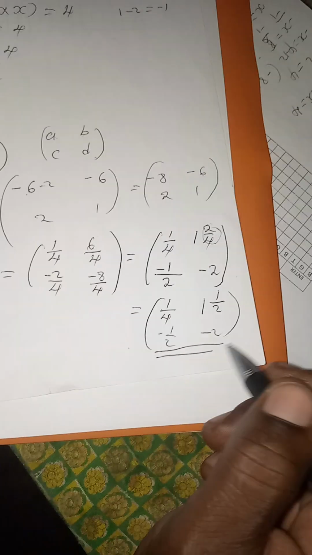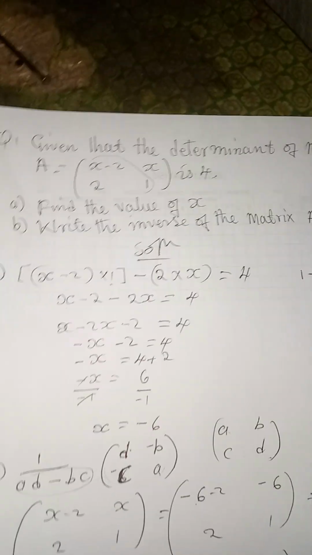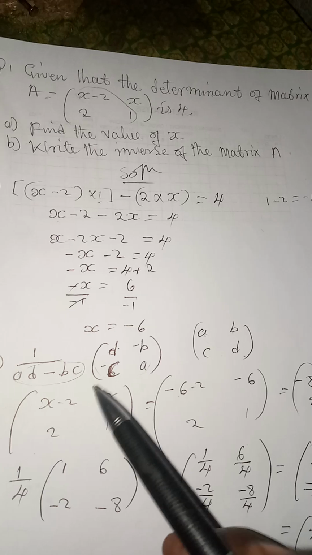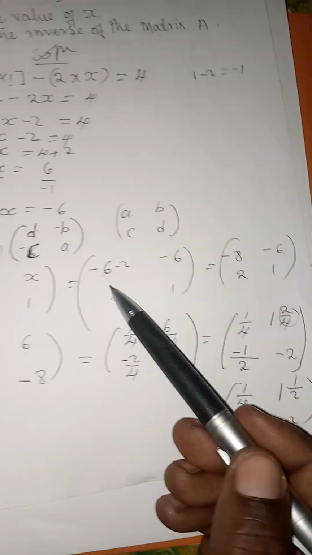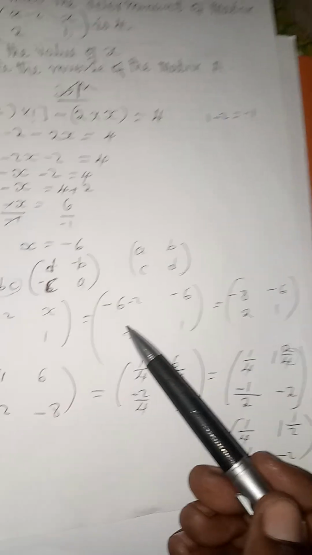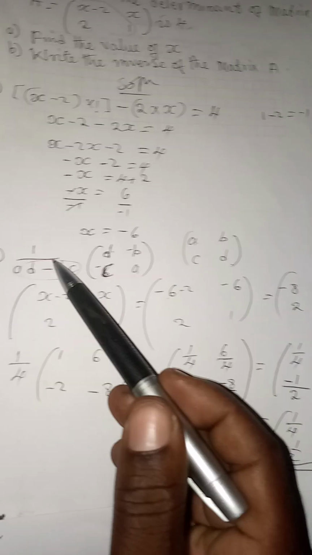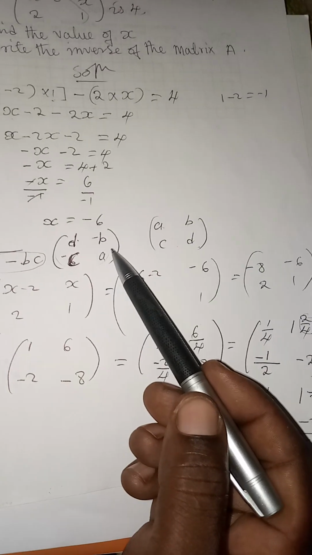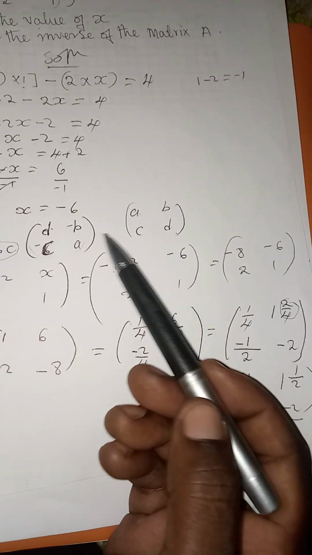So that is our inverse. We started from here, okay? We found the value of x, which is negative 6. And then we substitute negative 6 here, where there is x, for us to find the inverse. And this is the formula for finding the inverse, 1 over AD minus BC. And then you swap the A and D, okay?